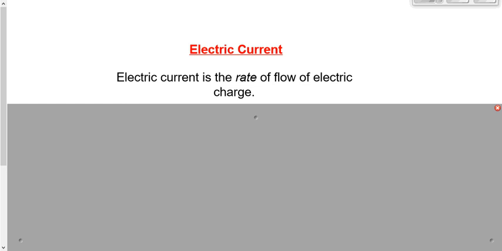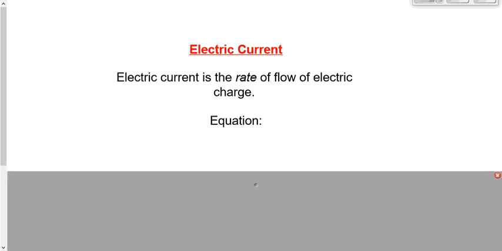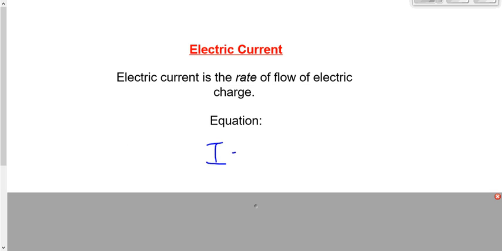So we're not going to measure the current in meters per second, and we're not going to say it's distance over time. Rather, we're going to measure current, which, by the way, the symbol is I, a capital I, as charge over time rather than distance over time. It's not the number of cars per second, right?